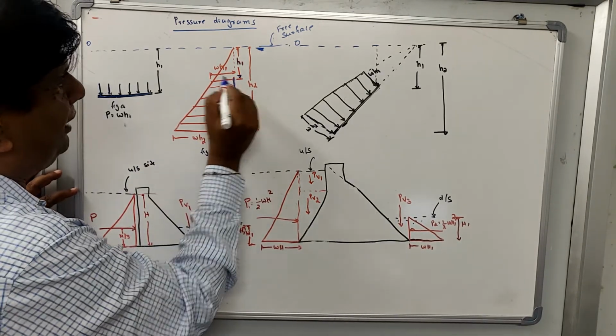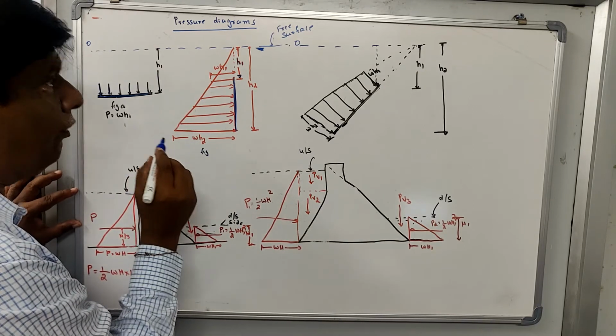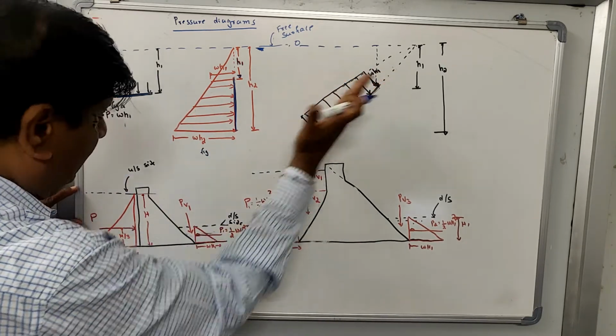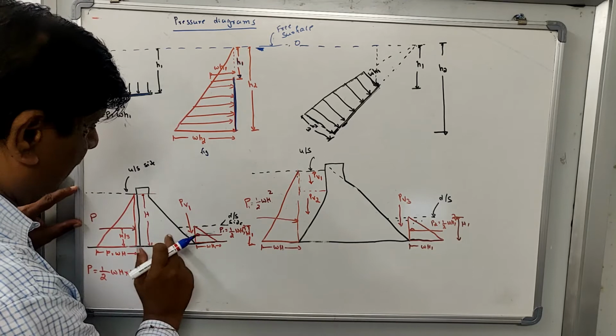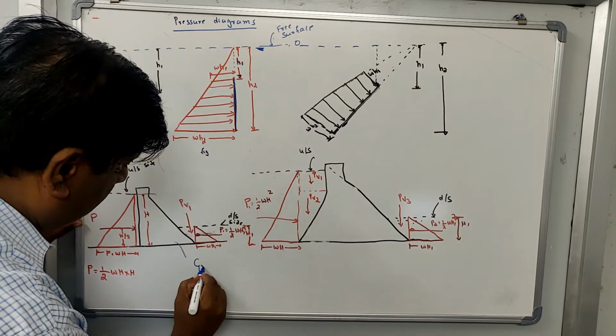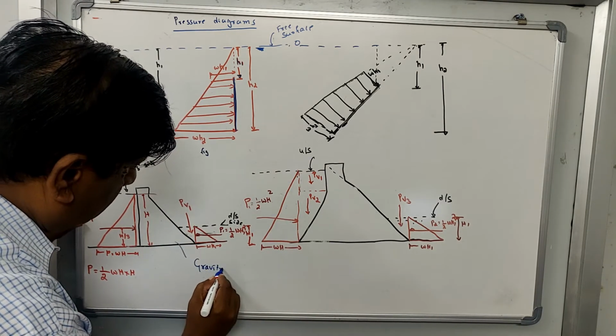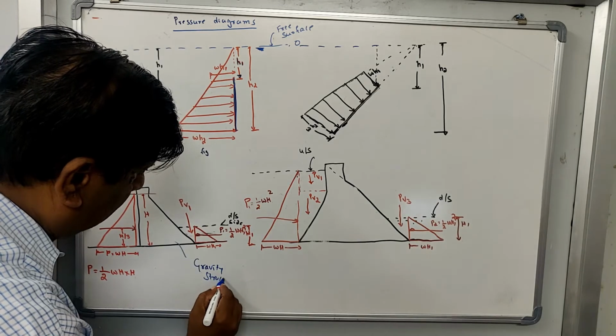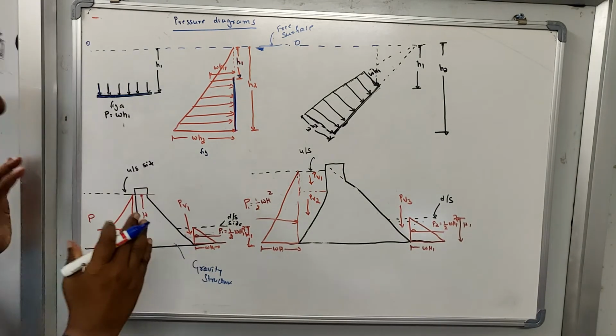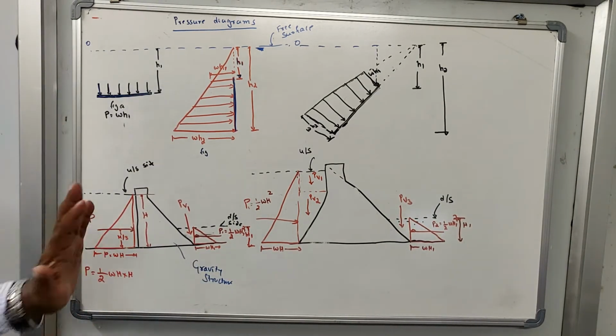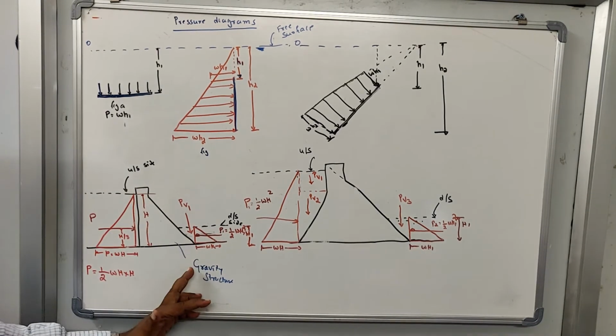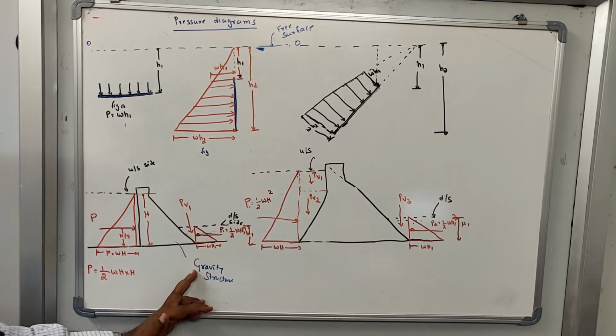This is the inclined plate, and these two are the gravity dams. Any structure which resists all external forces by its own weight is called a gravity type structure.